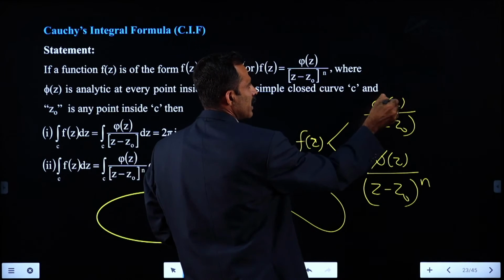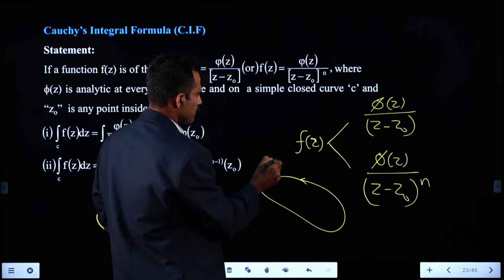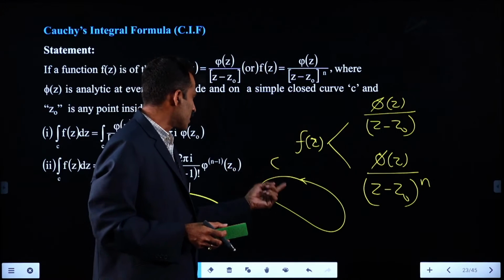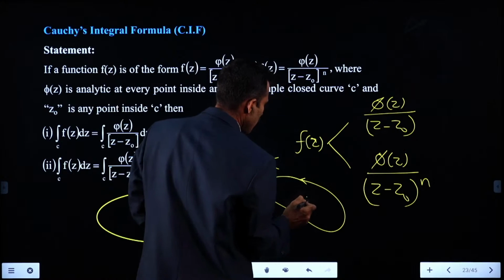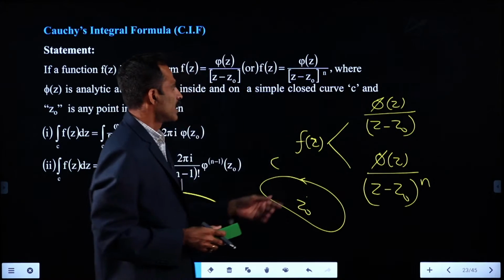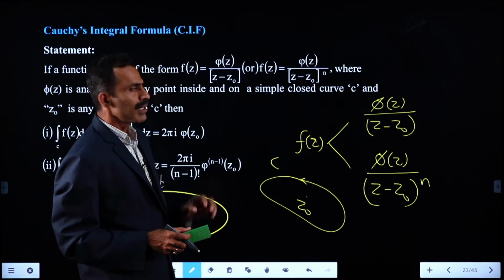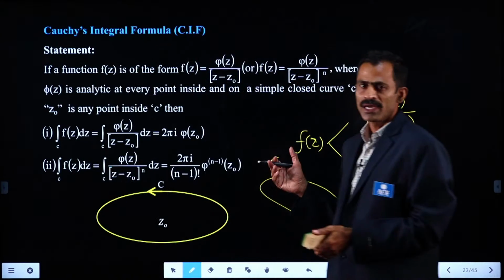Whatever function you write in the numerator, this function phi of z should be analytic inside C and on C. And for the denominator, this point z0 should lie inside the region. If these two conditions are satisfied, we can find the integral of this complex function by using Cauchy's integral formula.